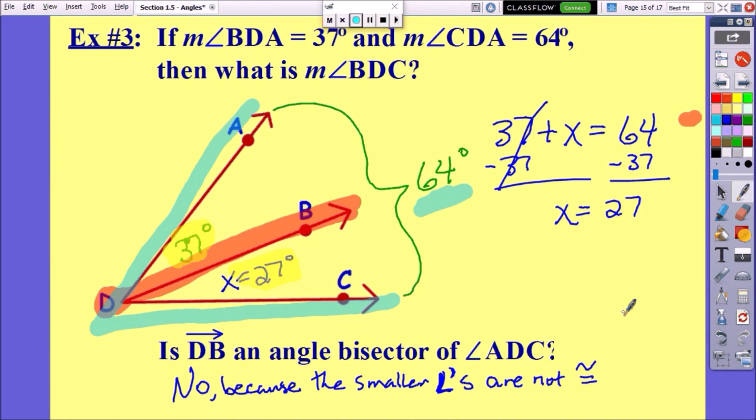And again, instead of writing out the word congruent, I'll put the symbol for congruent. Now, if you wanted to specify what the smaller angles were really referencing, you could say angle ADB and angle CDB. Those are the smaller angles specifically. If they were the same, then yes, ray DB is an angle bisector of angle ADC.